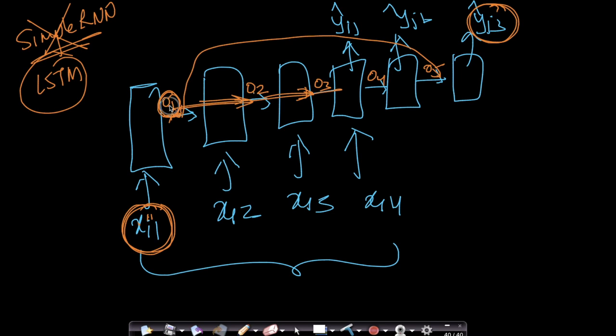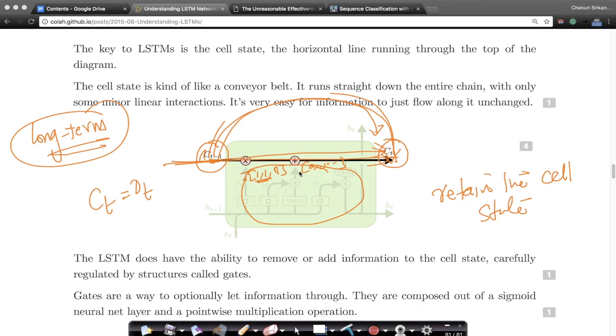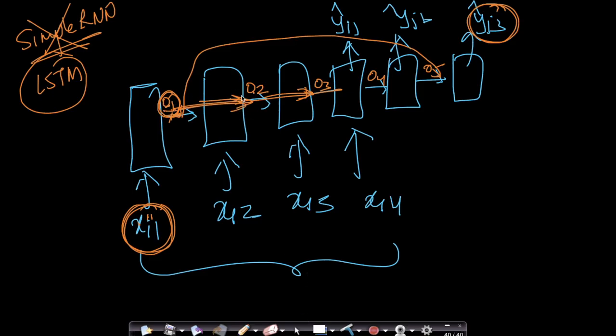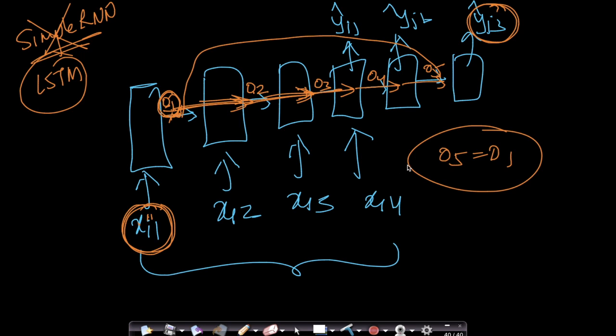My O2 can be exactly the same as O1, because if ones come in here and zeros come in here, what do I get? My O1 will pass exactly as O2, O2 as O3, O3 as O4, and O5. My O5 can be exactly equal to O1 if need be. Then I know that O5 impacts my yi3.